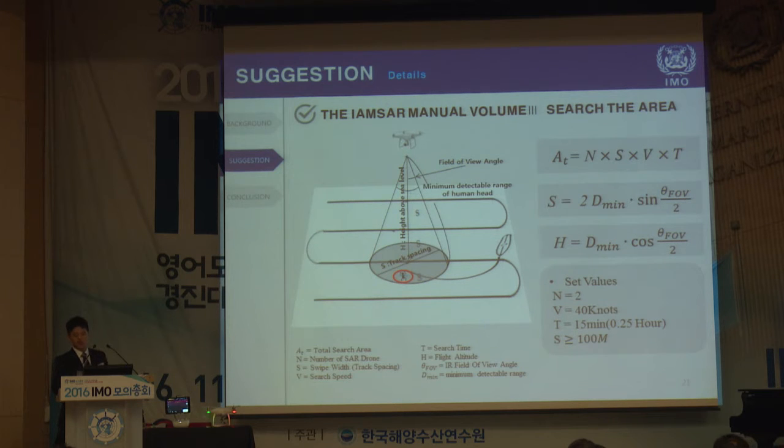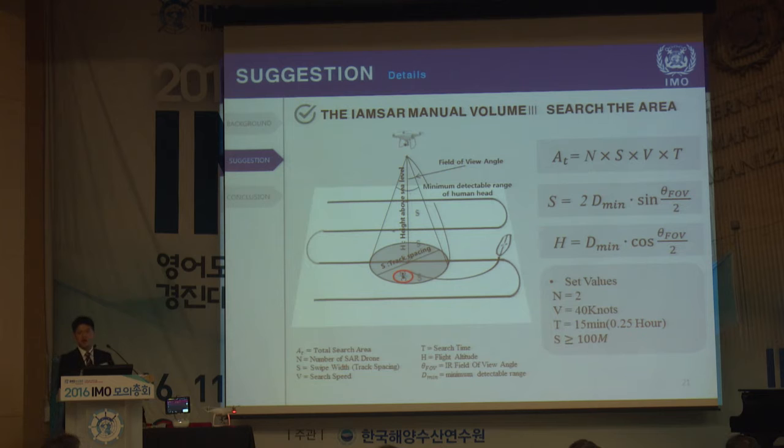This slide aims to show you how the functional requirements of search and rescue drones are technically evaluated, mainly focusing on the concept of track spacing. Based on the formula in the IAMSAR manual, total search area is equal to the multiplication of 4 variables: number of searchers, swipe width, search time, and search speed.